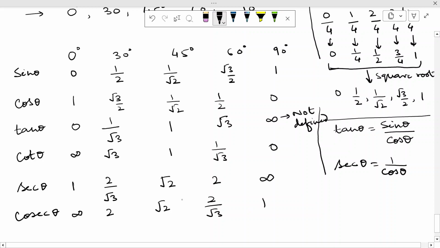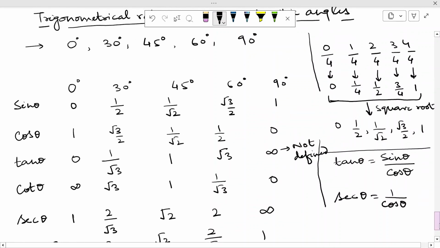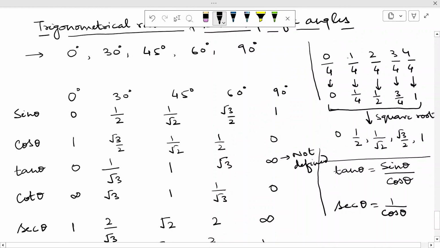This is how we obtain this table, and it is a very simple method. All you need to do is note down the 5 numbers 0, 1, 2, 3 and 4, divide them by 4 and take the square root of the outcome. That gives the values of sine, and once you have them you can easily obtain the complete trigonometrical table.